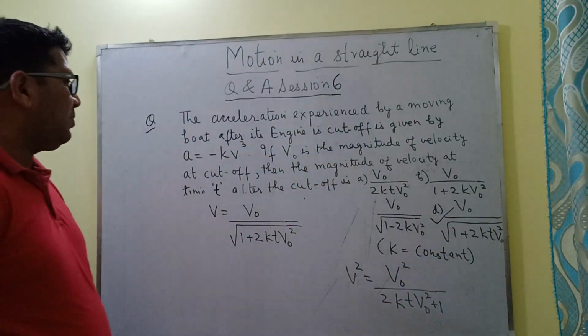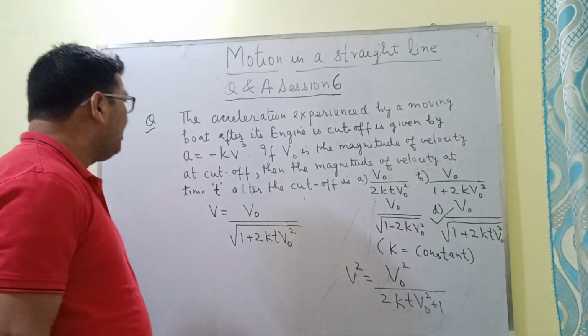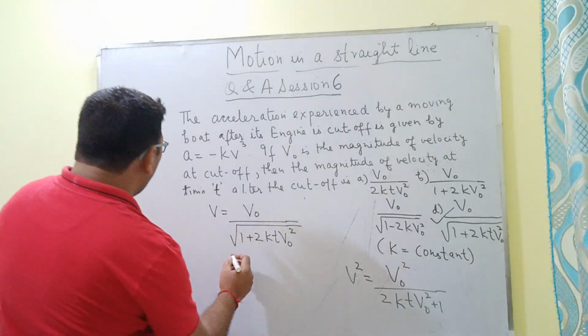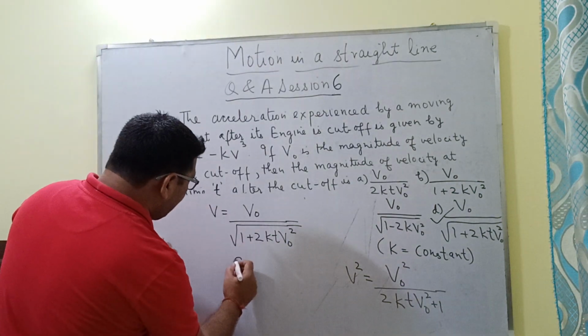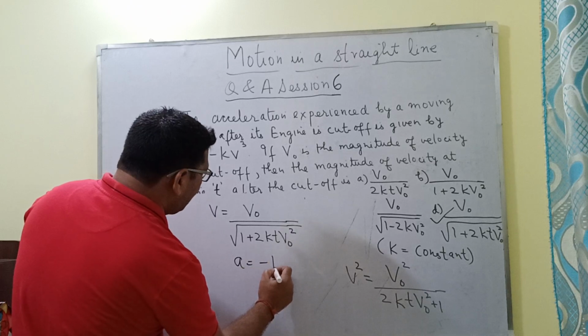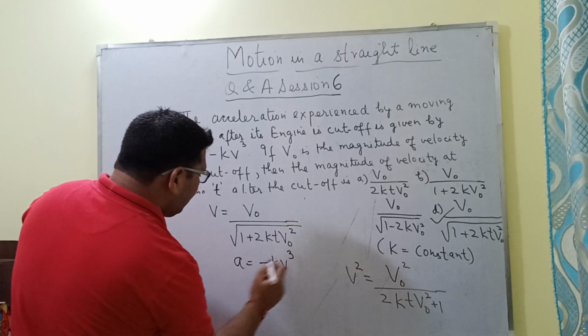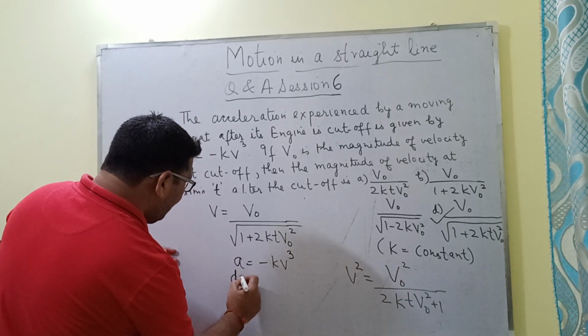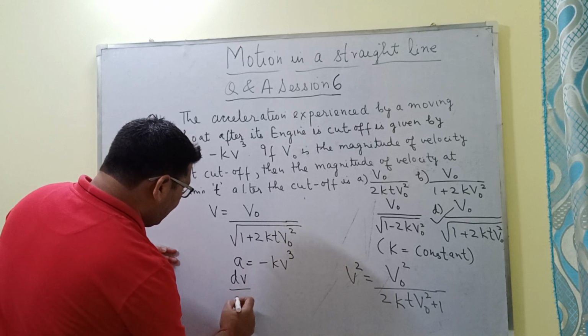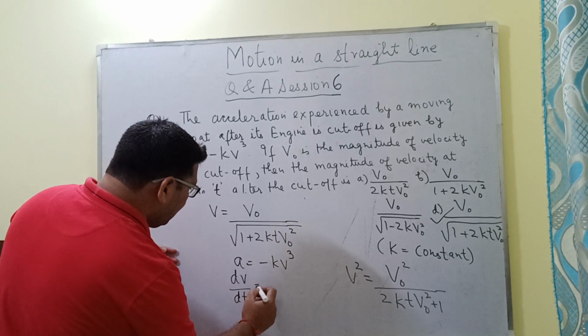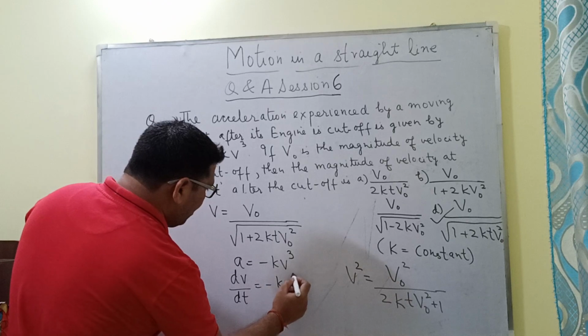So in this question, the most important thing is that here the acceleration is given as a is equal to minus k v cube, and so I have written this acceleration as dv upon dt equals minus k v cube.